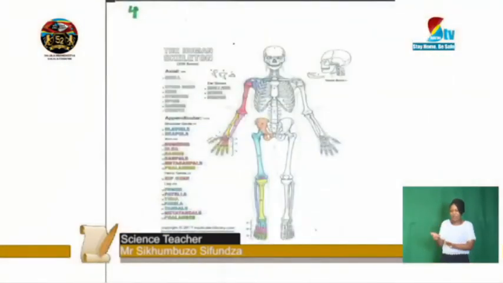I am sure a lot of you have seen skeletons in the books before, but what is most important to note, I will just highlight a bit because we are running out of time. The skeletal system is the framework of the body, the internal framework of the body.